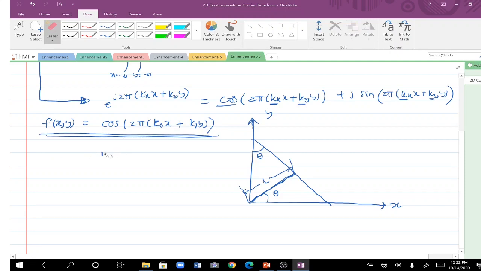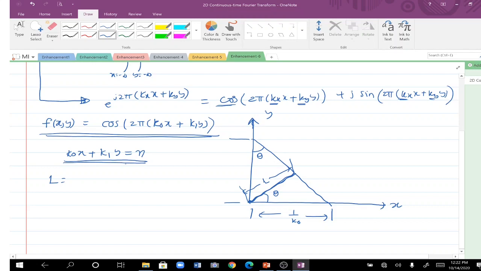To do that, what we have done is make k0 x plus k1 y equal to some integer value n. With that, we have figured out that from x equal to 0, y equal to 0, for the same thing to get repeated here, it will have a periodicity of L. Before computing that, we figured out that the intercept on the x-axis would be 1 by k0, and this gives you a line.